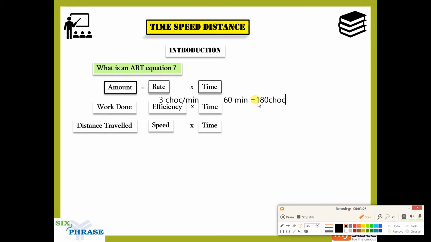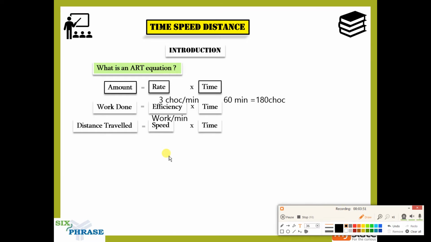He eats three chocolates per minute. This is work per minute. Efficiency is also called work per minute, or work per time period, whether minute, hour, or second.